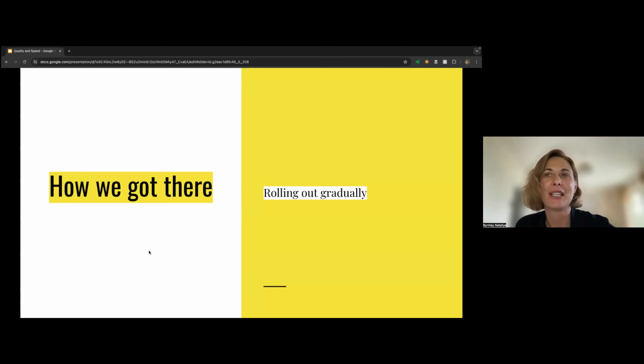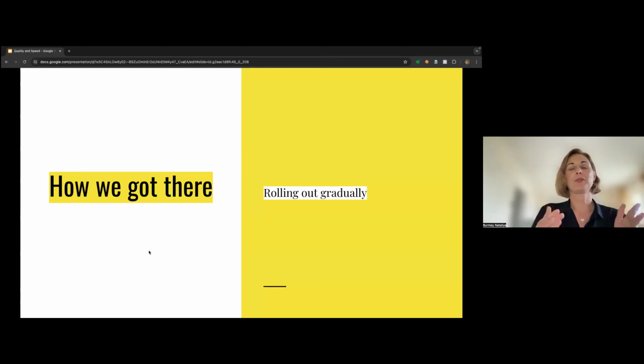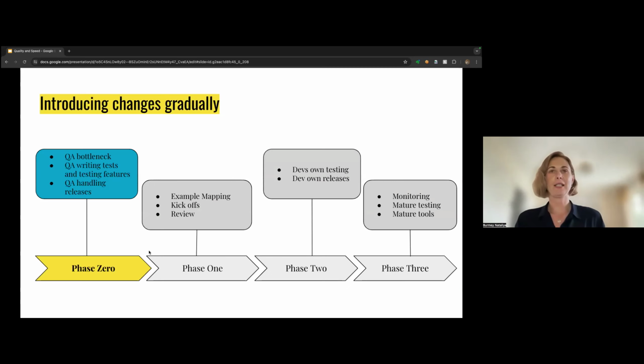But also we rolled out gradually, right? Gradually means we had different phases. I will explain why, but not now. We had different phases, how we would get from the point where we've been, phase 0, to the end of phase 3, right? And each of our phases was divided into specific things that we wanted to introduce.